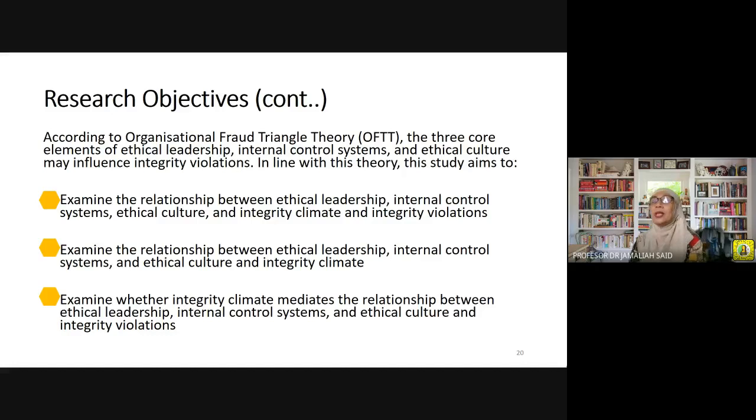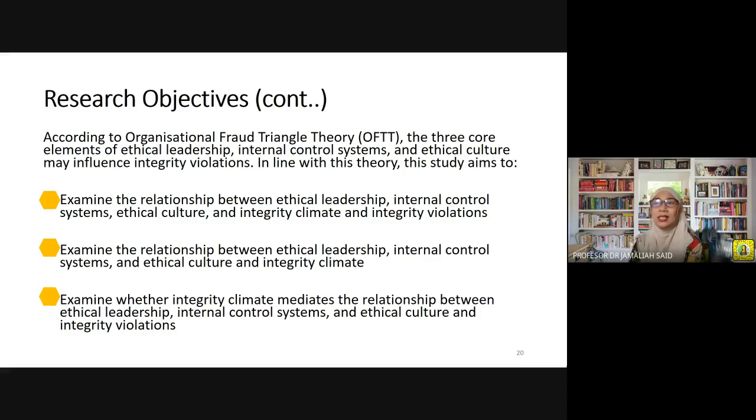According to organizational fraud triangle theory, the 3 core elements of ethical leadership, internal control system, and ethical culture may influence integrity violation. So in line with this theory, this study aims to, number one, examine the relationship between ethical leadership, internal control system, ethical culture, and integrity climate and integrity violation.